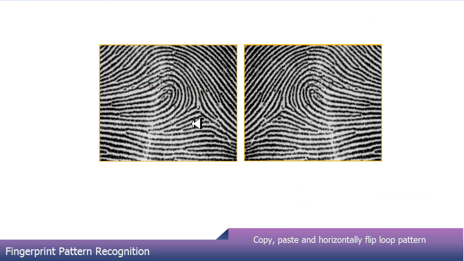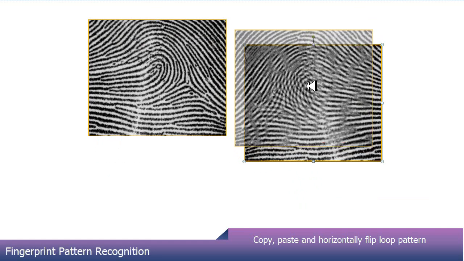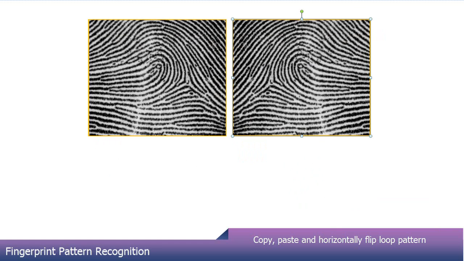And I can just rotate it, in other words, flip horizontal. And now I have an exemplar of the same loop pattern. One could be originating from the right hand and one from the left hand.